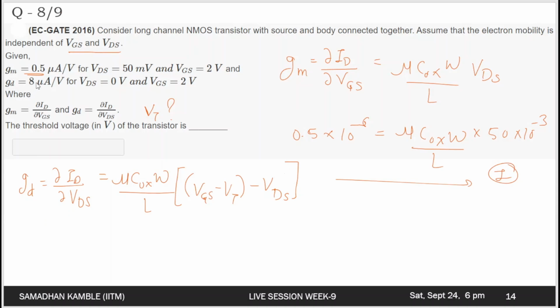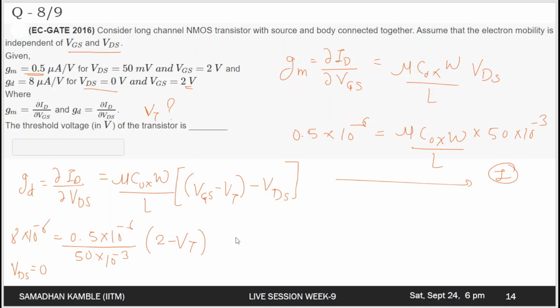So GD is given as 8 micro, that is 8 times 10 to the power minus 6. In this case, we will consider VDS to be 0. For VDS equal to 0, it becomes 0.5 times 10 to the power minus 6 divided by 50 times 10 to the power minus 3, times 2 minus VT. So VDS is 0, VGS is 2 volt here, 2 minus VT.